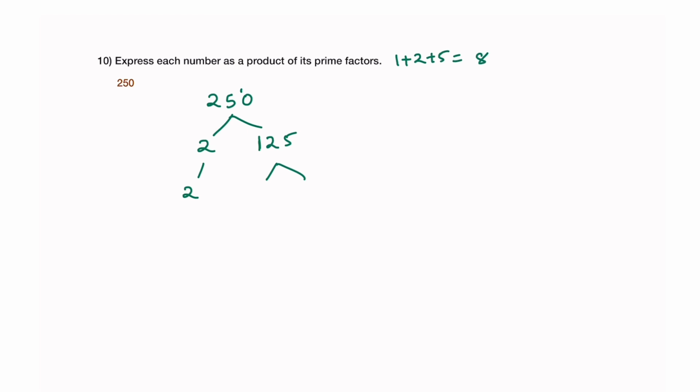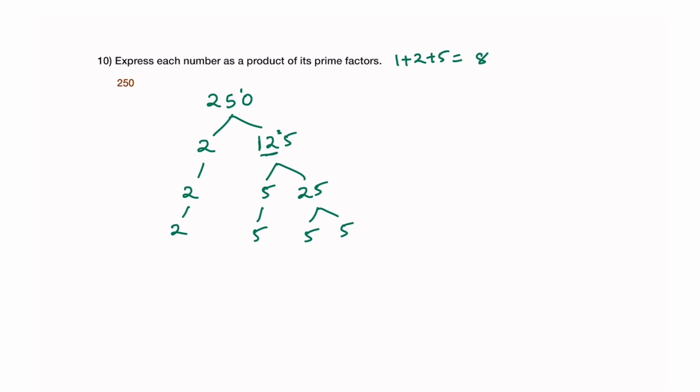So it's not divisible by 3. I'll go for 5 now because that for sure it is, right? So in 12, 5 will go 2 times. That's 10. 2 to the next number. That's 25. So that goes 5 times.